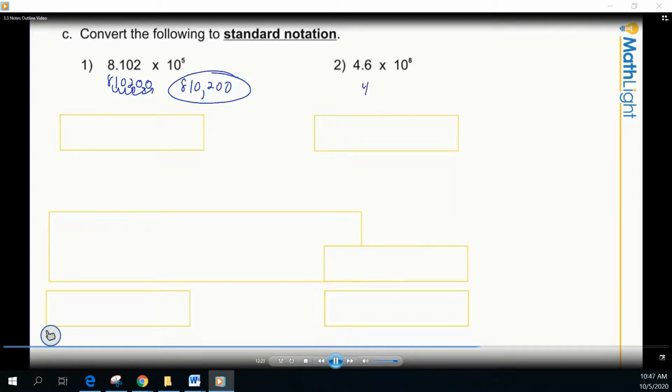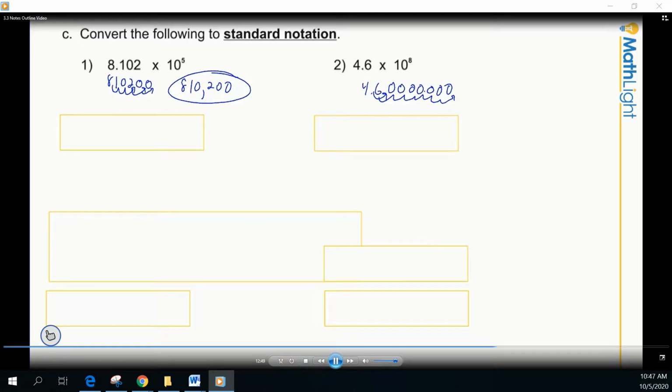You need the 4 and the 6, so how many more zeros do I need? 7. 1, 2, 3, 4, 5, 6, 7. Because I had to move 1 for the 6, and then there's 8 places I had to move. So let's watch. That was 1, 2, 3, 4, 5, 6, 7, 8. Sure enough.